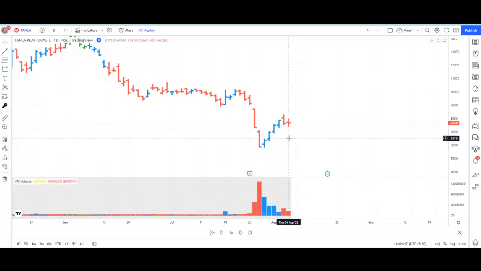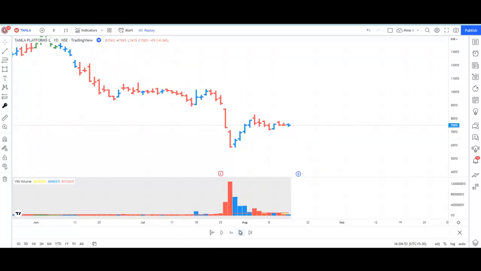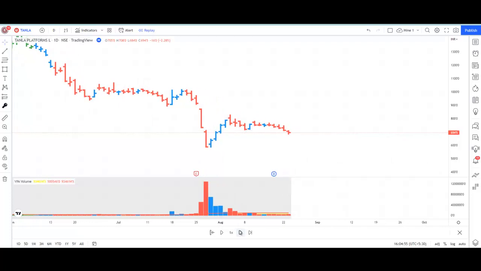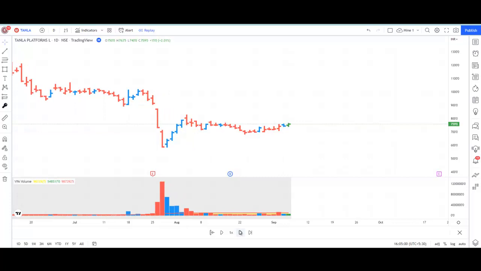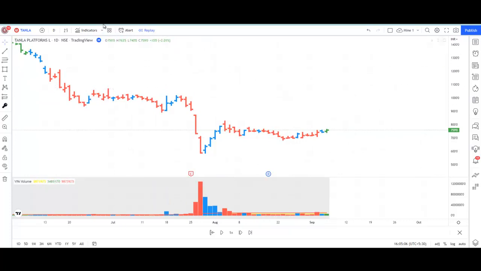The stock has been moving sideways from here. More of consolidation is happening here after this bar. So let me now add our favorite indicator, VPA 5.0.